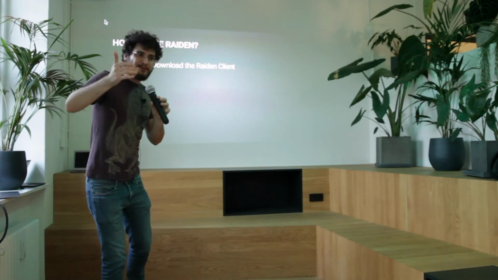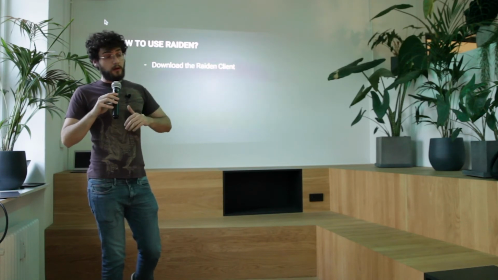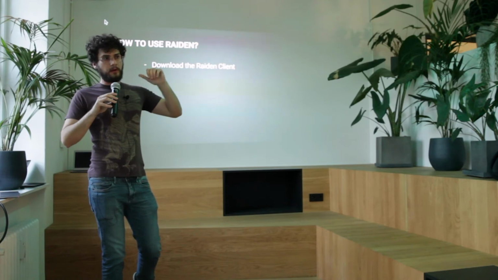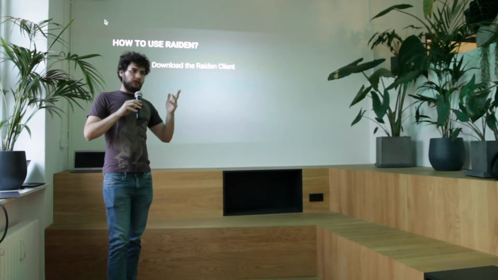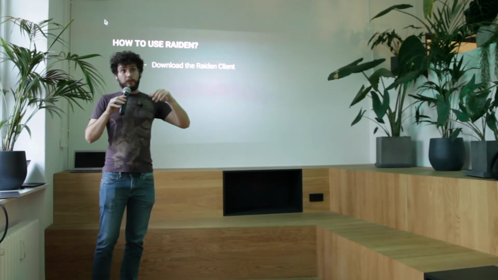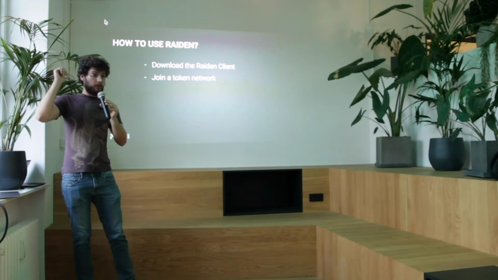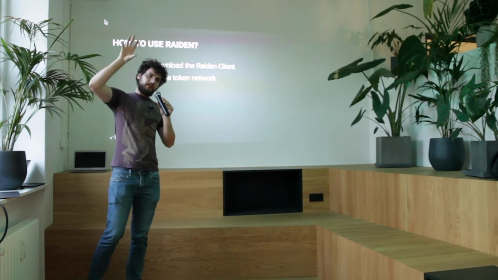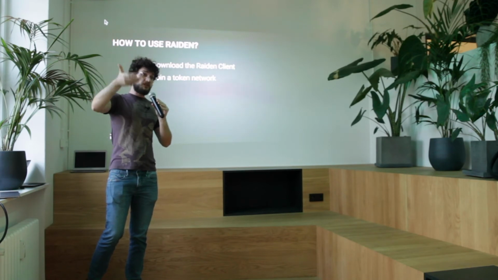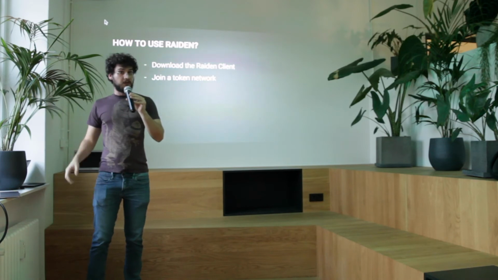So if you want to use it, you can just use our GitHub page. Our software is open source, so you can go to github.com, Raiden Network, Raiden, and on the releases webpage, you can download whichever release you want. After you have the Raiden client, you just need to turn on the web UI. We have a button where you press join a network, you say how many tokens you want to put in that token network, and then Raiden is going to use these tokens to manage connections for you.